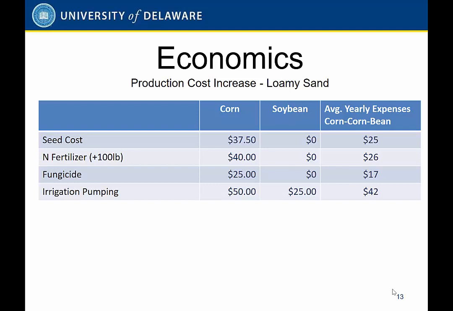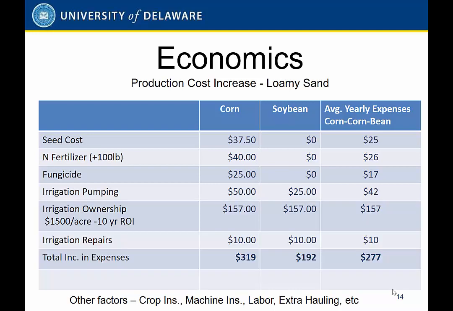So on this corn bean rotation, by the time we get done with the ownership cost of the system and repairs, it's going to cost us about $277 a year to own the system over a 10-year depreciation, with all of our factors into play on a corn bean rotation.